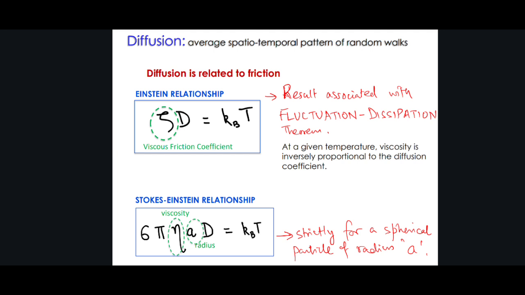It's actually called a theorem, but whenever you have a process which is dissipative, it is associated with fluctuations also. But I'm just putting the name here.